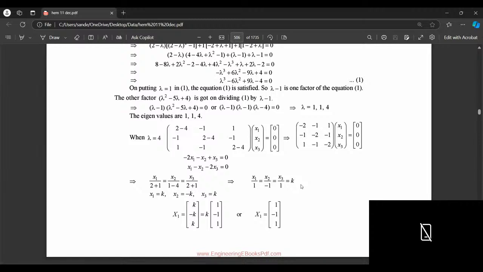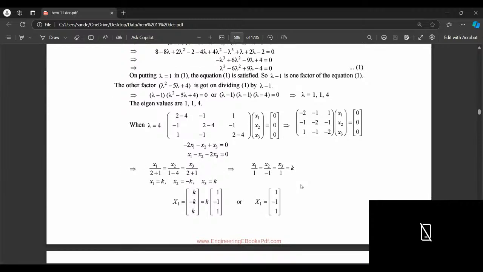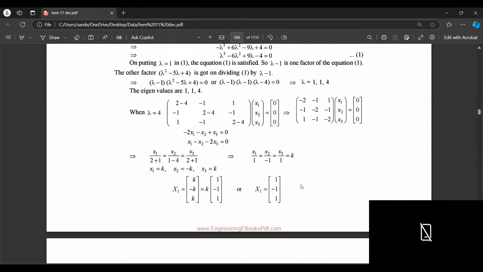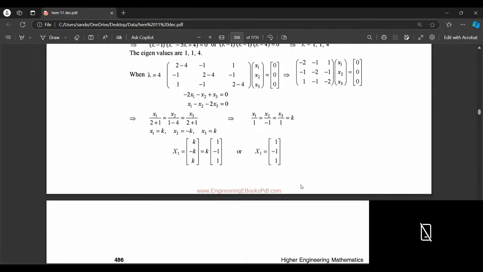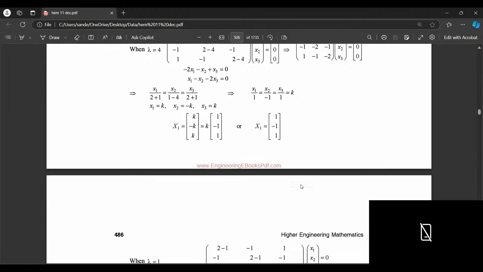1, -1, 1 you will get. x1 is k, x2 is -k, and x3 is k. This is for a symmetric matrix with repeated roots, and among these roots one is different, lambda equal to 4, where we found eigenvector 1, -1, 1.